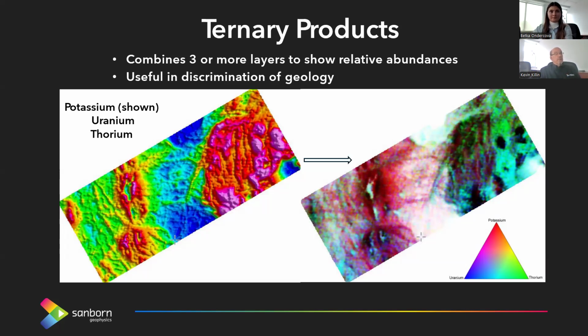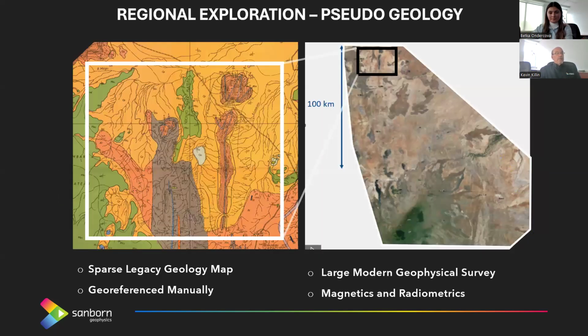So what we're going to talk about next is generating a pseudo-geology map. So we're going to talk about the use of a large modern geophysical survey in the production of a pseudo-geology map, along with some old 1969 geology maps that were created from sparse outcrops in the area.